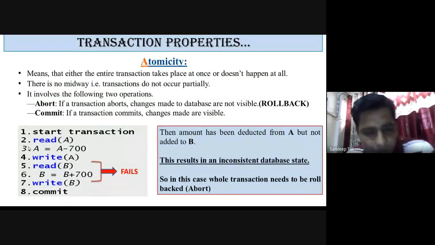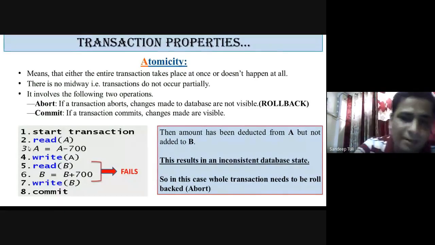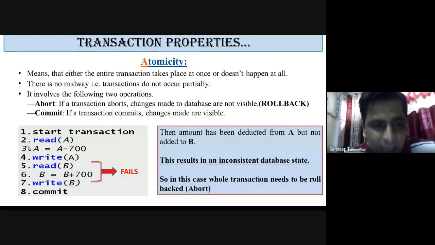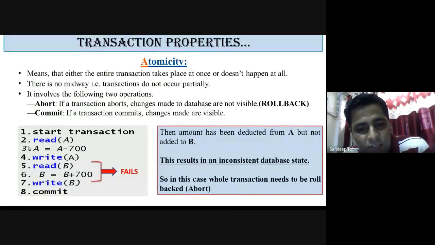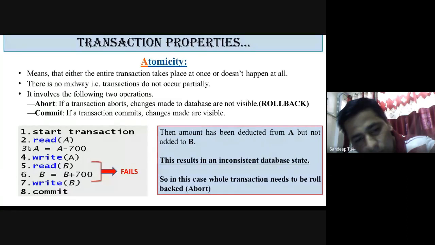So the atomicity property says that either all the transactions need to be completed successfully, or otherwise all need to be rolled back up to a specific point or up to point number 0. It means the starting point. Is it clear to all now?